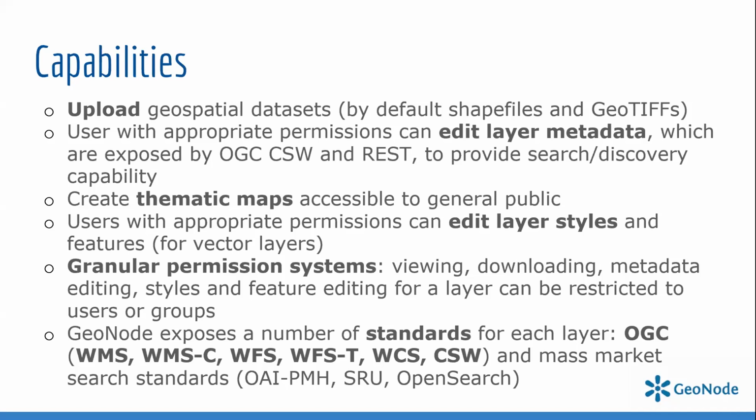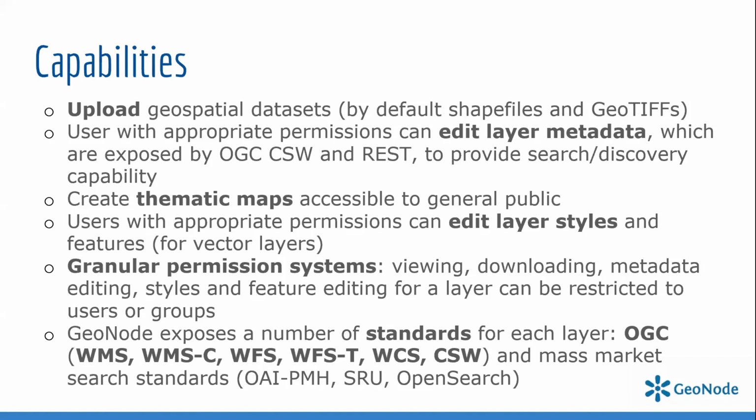Also, you can choose the permissions for single users or groups of users. Those same restrictions are propagated to the geospatial backend. So this is not only something that is done through the web framework, but those permissions are reflected to the geospatial service, so that even if you try to access directly the geospatial service, the same permissions will be applied to the geospatial datasets.